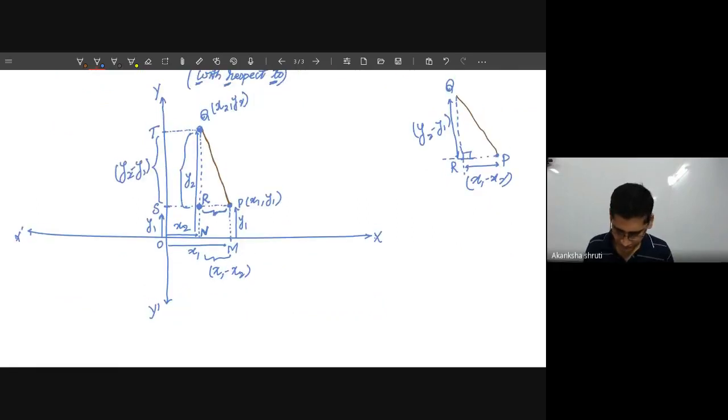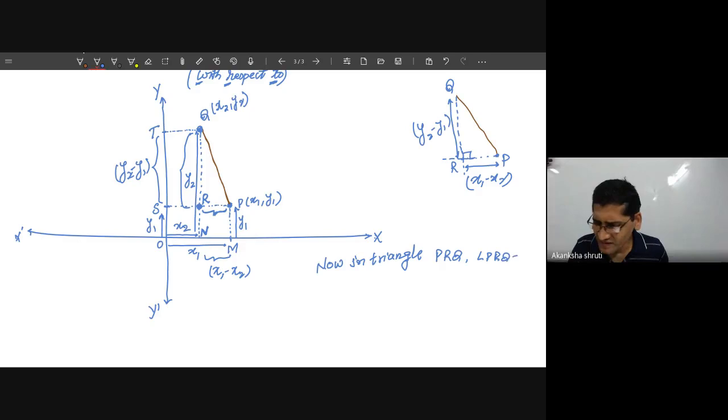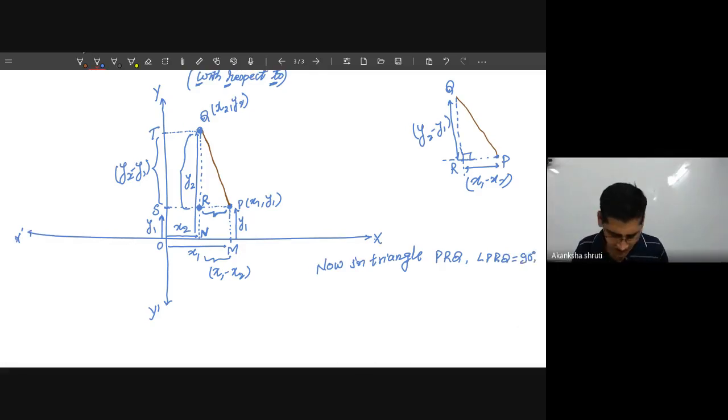Now in triangle PRQ, the angle PRQ is 90 degrees. So the Pythagoras theorem can be applied, and then PQ square is given by the sum of the squares of the other two sides, means PR square plus RQ square.